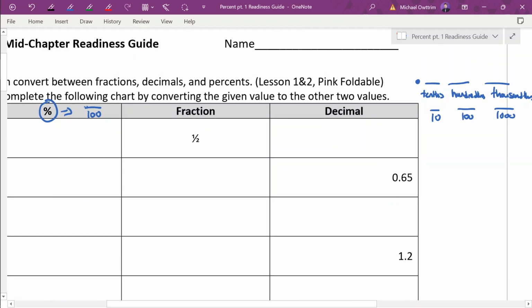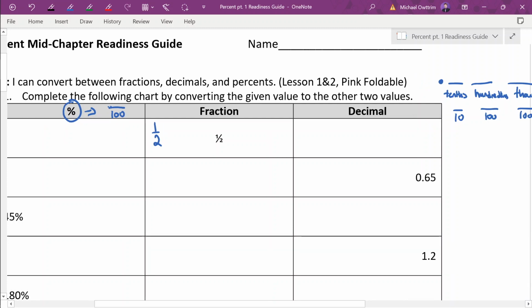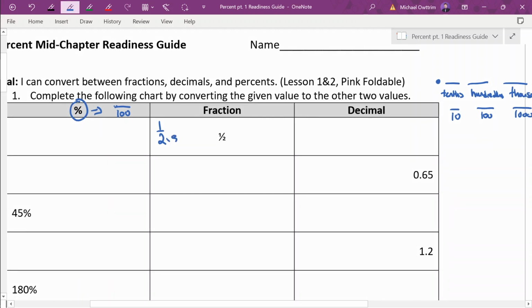Okay, so let's start with our fraction 1/2. To write this as a percent, we need to have a 10 or 100 on the bottom, in fact, for percent. Okay, so let's get started there. Let's first off take a look at, well, if I was going to multiply this to get either a 10 or 100 or 1,000 on the bottom, I'll multiply this by 5. 5 times 2 is 10.